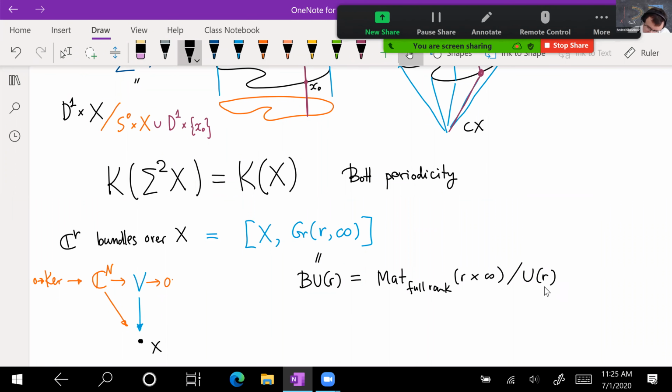This is a contractible space, and maybe if I write it like this, then it should be GL_r. And if you take some kind of Hermitian norm, and then take the norm to be 1, then you mod out by U_r.